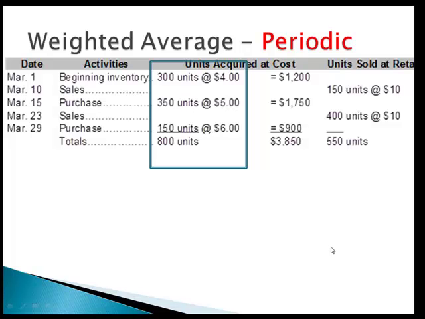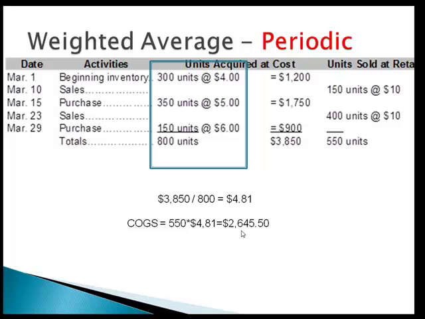Under weighted average, again, this is simple. You don't have to worry about when the sales occurred. You just take total dollars, so 3,850 is your total inventory that you had on hand during the month, divided by total units to get an average. Cost of goods sold is that same 550 times your average, which equals 2,645.50.